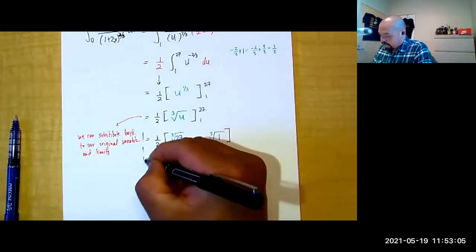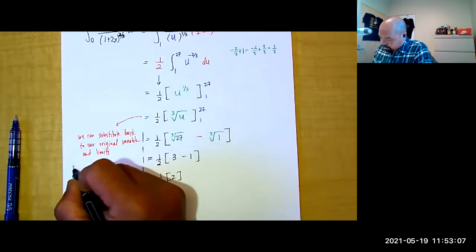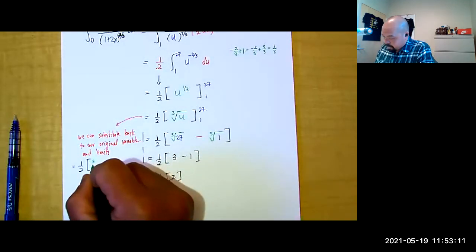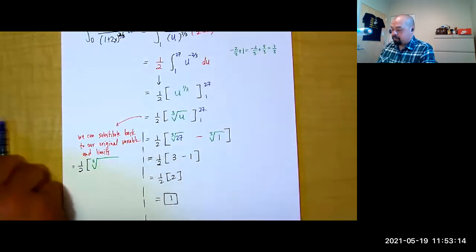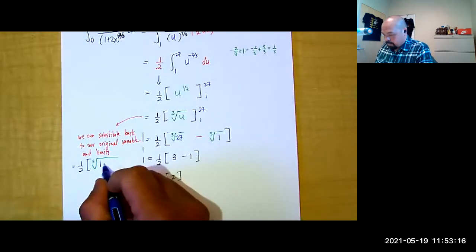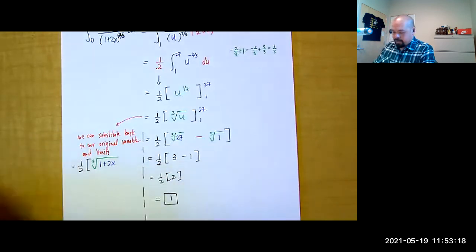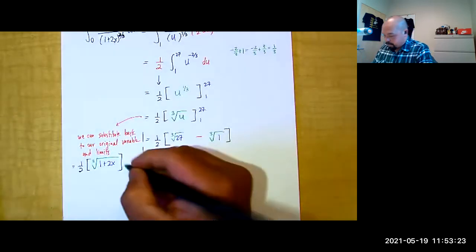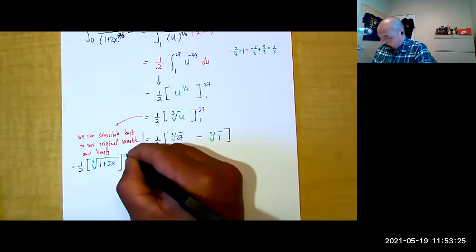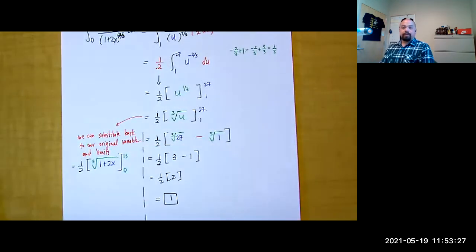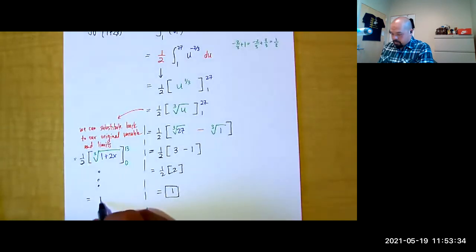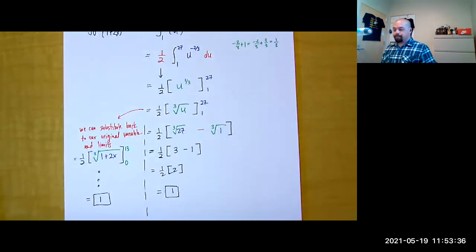So as a side, we could have also done 1/2 this cube root. And then what was our u? 1 plus 2x. And using our limits of integration, going back to it, 13 and 0. And then once you compute, you should still end up with the same result of 1.